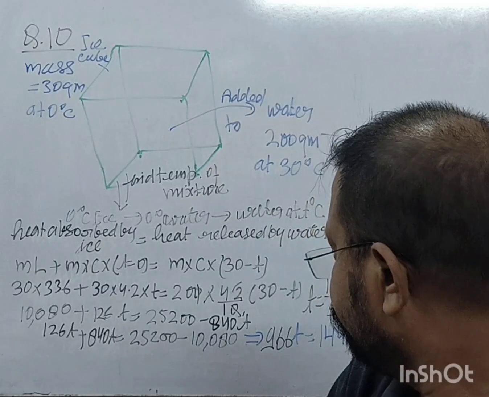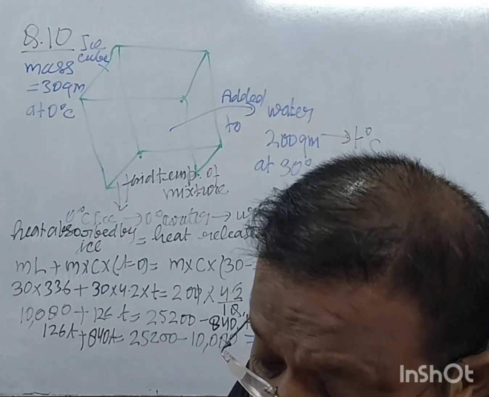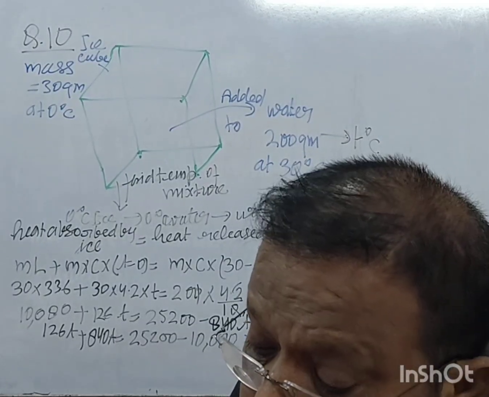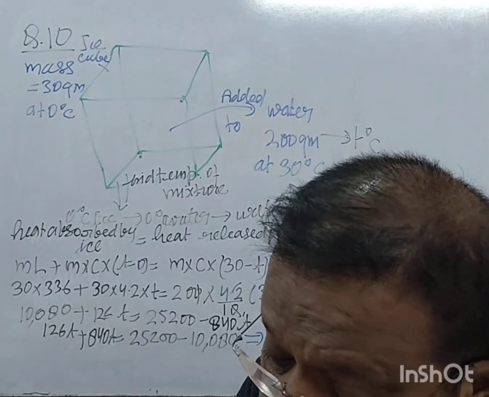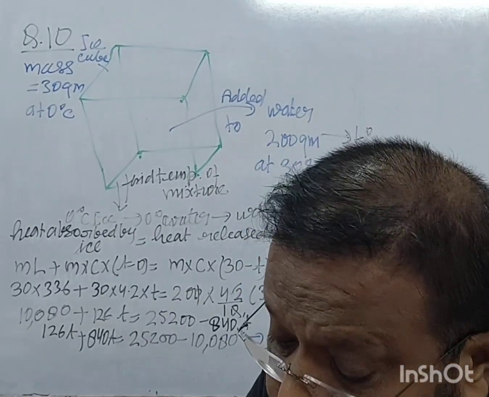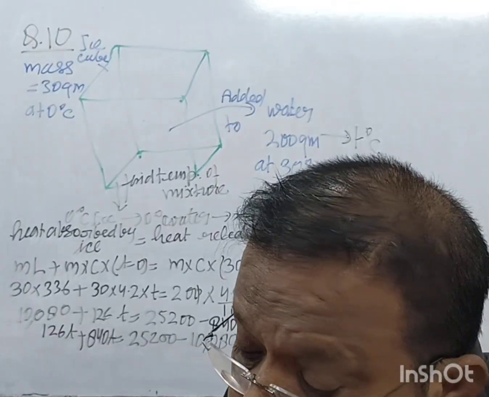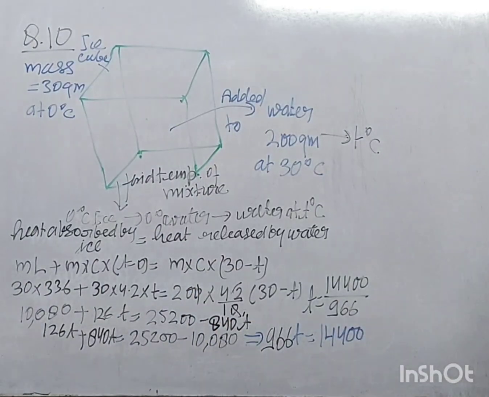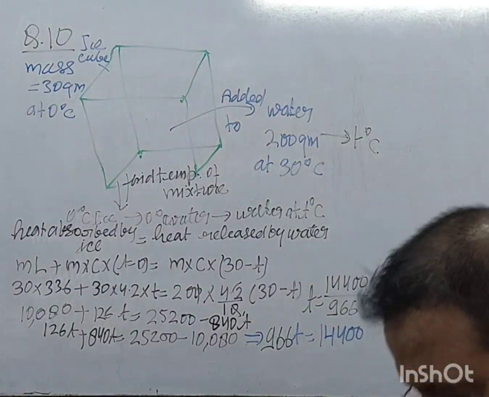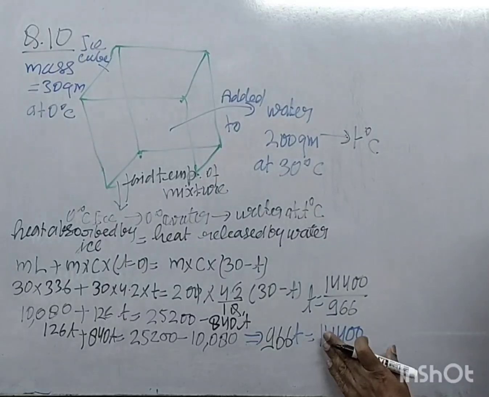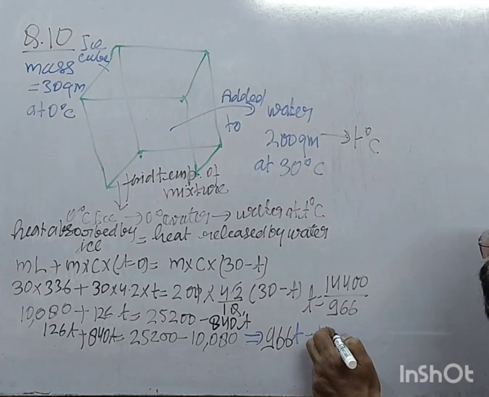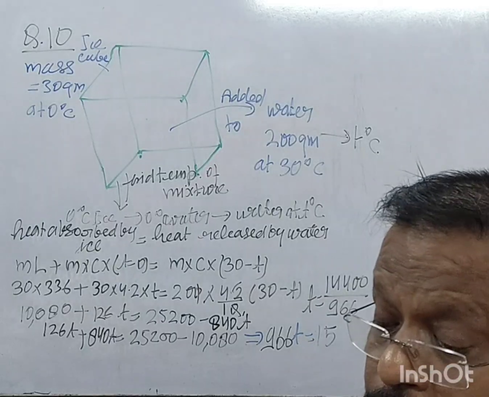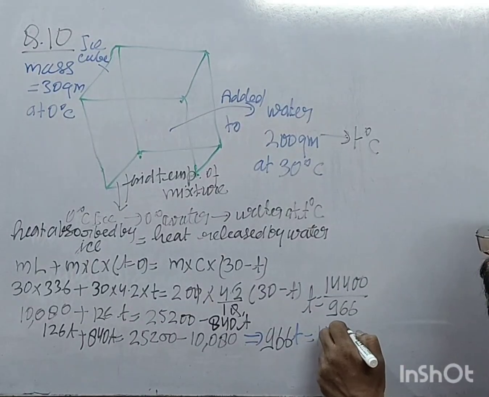Wait a minute. 25,200 minus 10,080 is 15,120. Sorry, it will come 15,120.